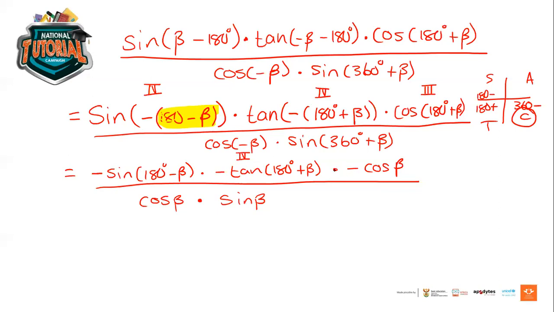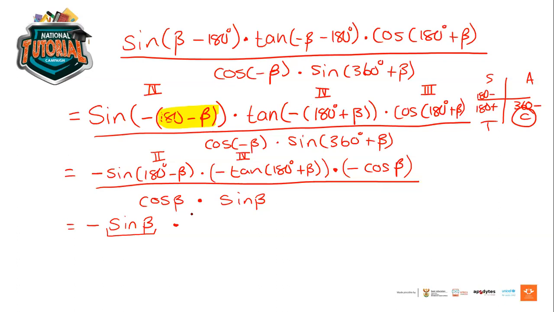Please make sure that your multiplication dots are clear. Your other option is to put big brackets around these factors. Right, we've got 2 more steps. If we look at this first term, sine of 180° minus, that is in quadrant 2, and we see that sine is positive. So the negative is from the question, but this second part just stays as sine of β.